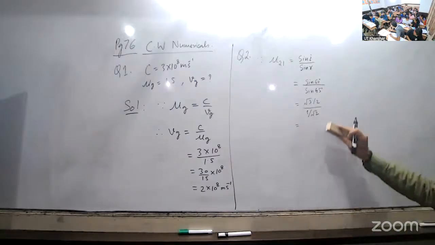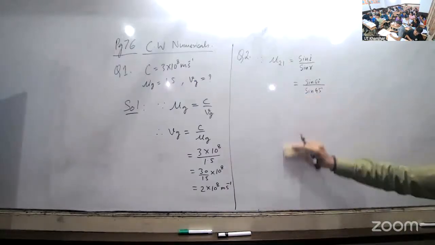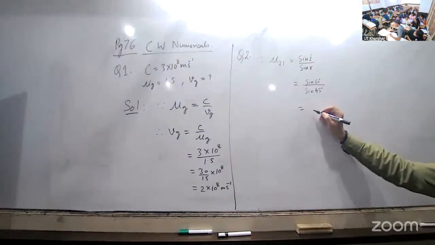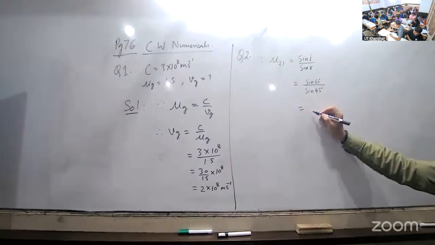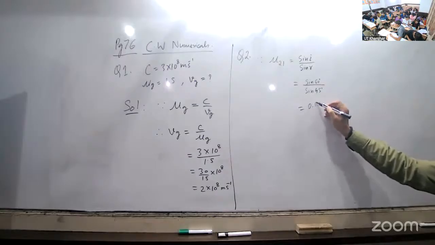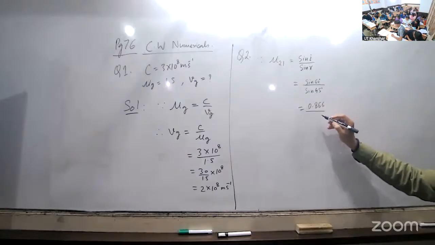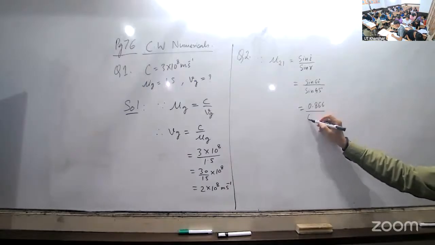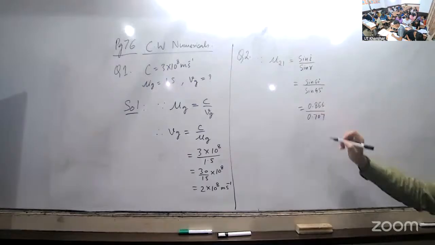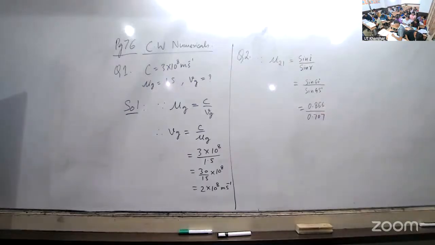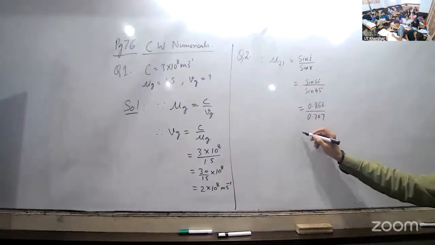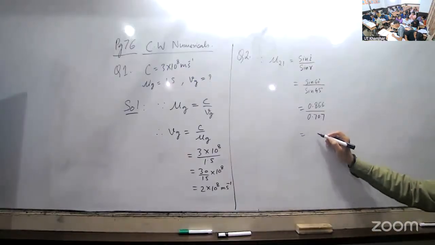Now the values are given. So you can directly write the values here. Sin 60 is 0.866. Right? Let me confirm the value. And this should be 0.707. Right? So when you solve it, you will get 1.22.